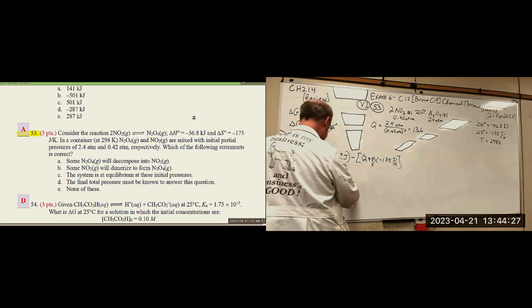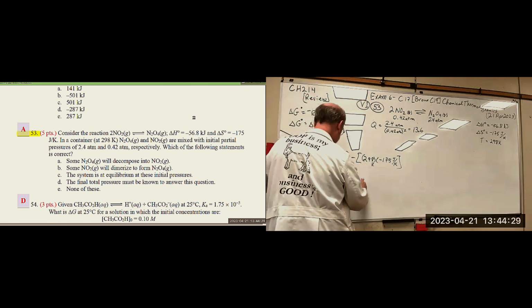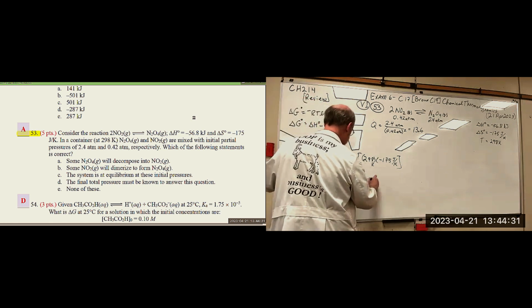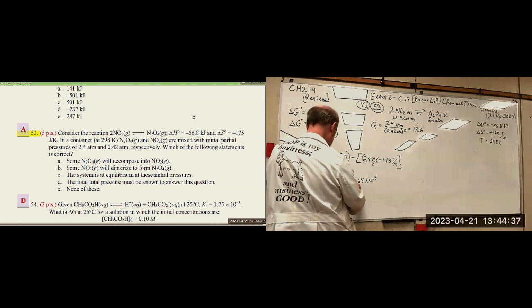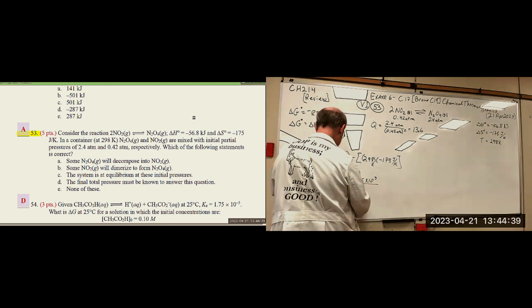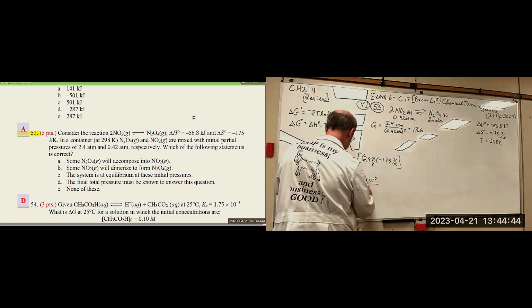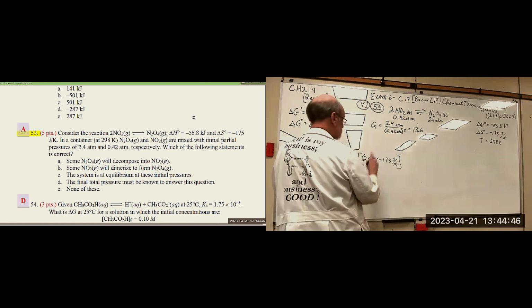So we know delta G is this one, 4.65. This is going to work out because our R is in joules. So this is in joules, we're good. Divided by negative 8.3145 and 298.